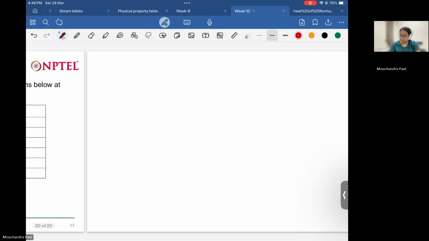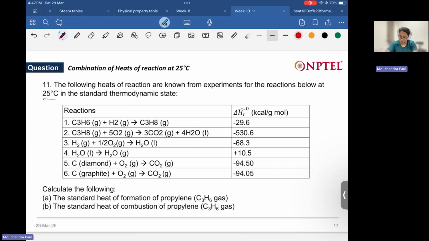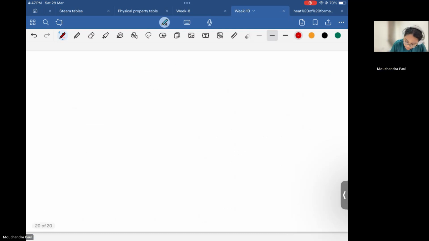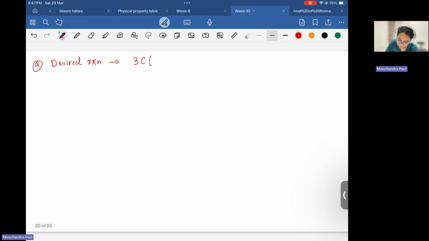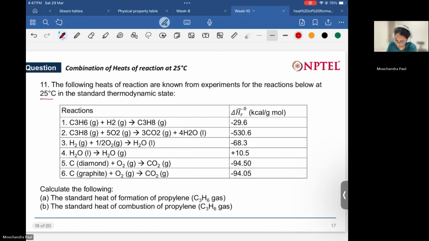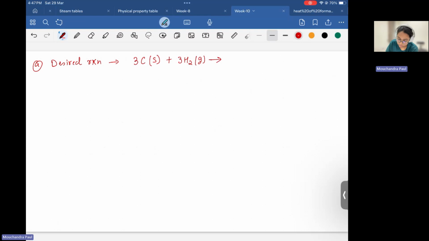So to start, what we'll do, when you're talking about the formation of propylene, that means the desired reaction is basically from carbon, which is in solid state, and hydrogen in gaseous state, we should get propylene in gaseous state.